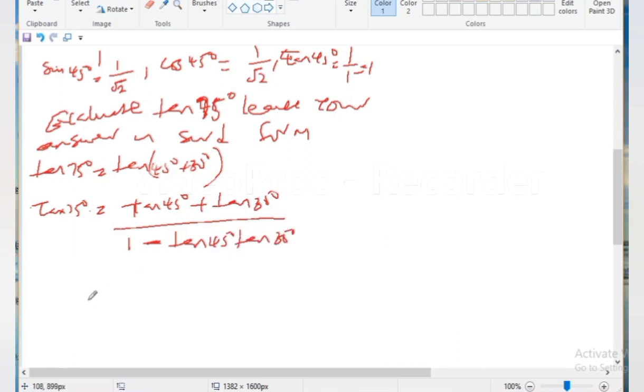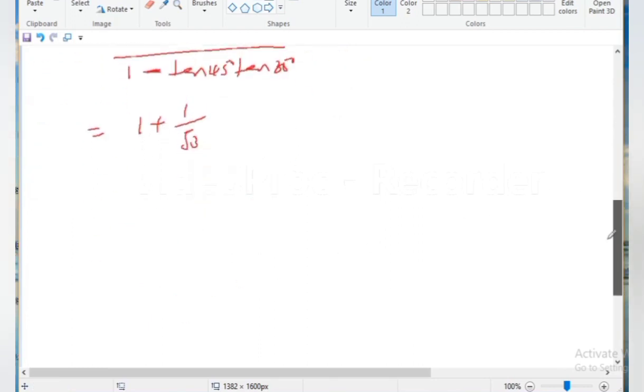So tan 75 is tan 45 degrees plus tan 30 degrees over 1 minus tan 45 degrees times tan 30 degrees. Tan 45 degrees is 1. Tan 30 degrees is 1 over root 3.